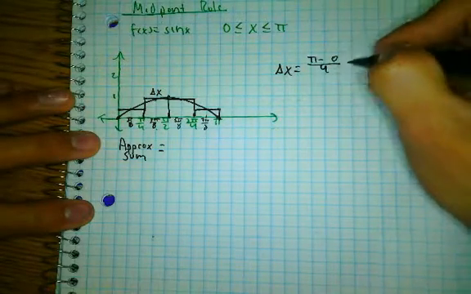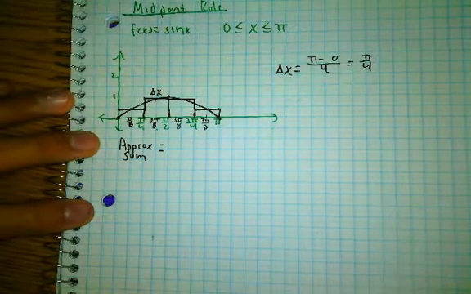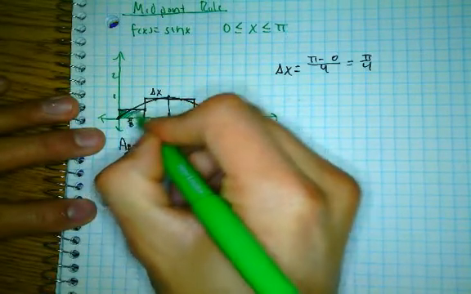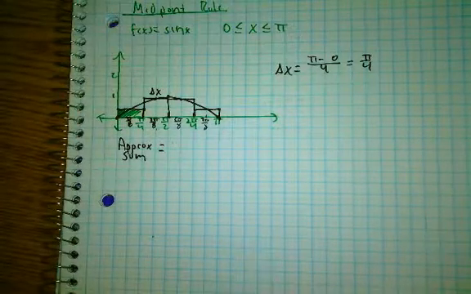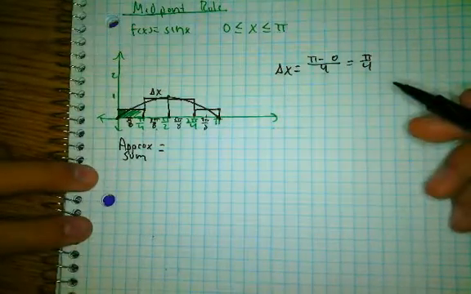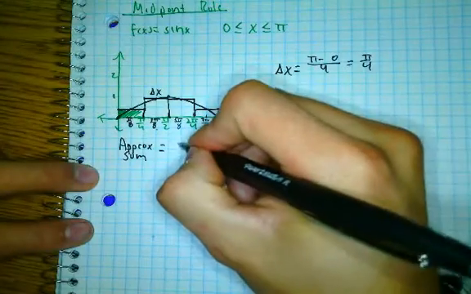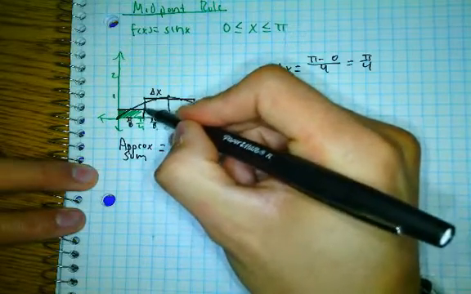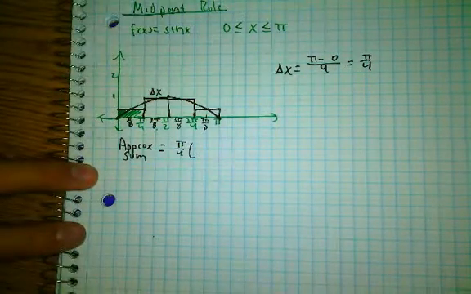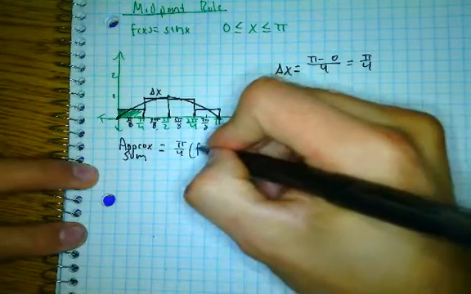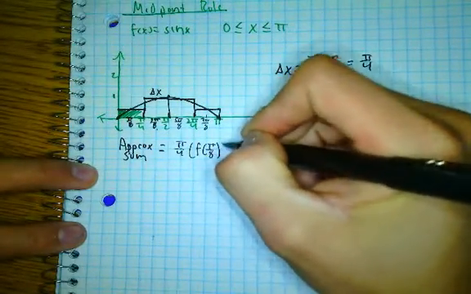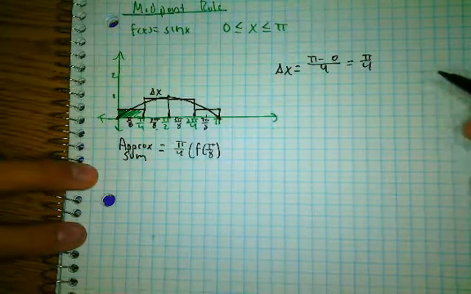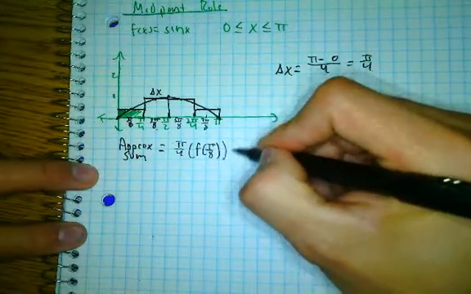So then, if I wanted to find the area of this small rectangle right here, how would I find it? Length times width, so pi over 4 times, I need to know what this height is. How can I figure that out? Good. f of pi over 8. Agreed? Do we understand why it's pi over 8 and not pi over 4? Good. Plus pi over 4 times f of 3 pi over 8. And that would give us this rectangle right here.